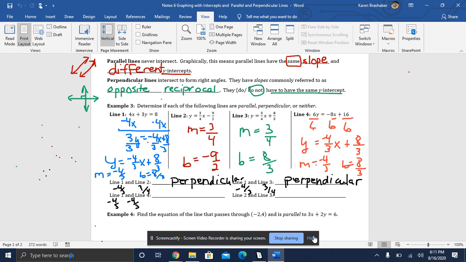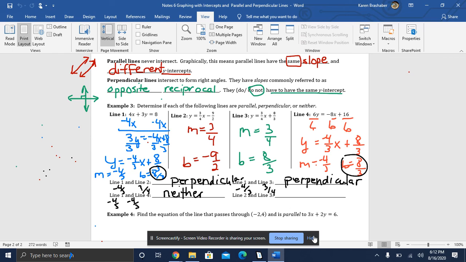The y-intercept on line 1 is 8/3. The y-intercept on line 4 is also 8/3. So instead of parallel lines, we actually have the exact same line, which means they have neither relationship. They are not parallel and they are not perpendicular.